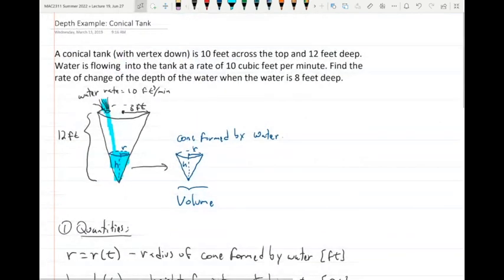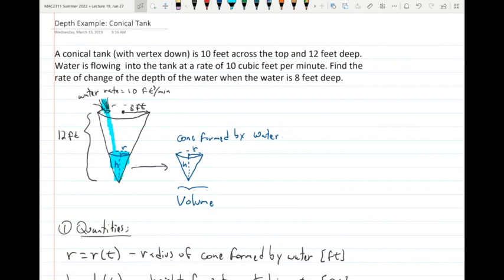What else do we know? What do we know about H? That's 8. Okay, but that is now part of the question. We don't know H. We want to find the height of the water when H is 8. Remember, H is changing, right? So that 8 right there is just to tell you to fix the moment in time. So they don't give us more information now.